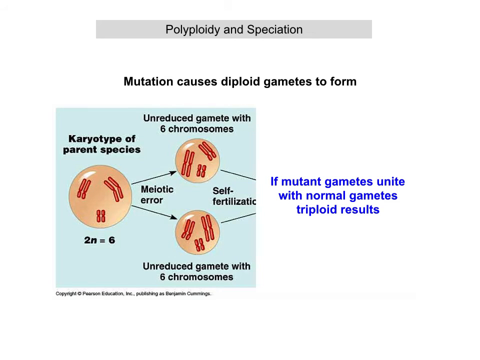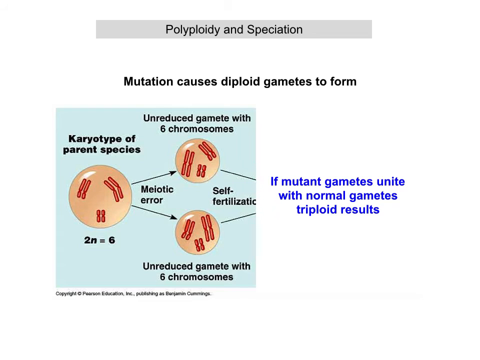And one of the reasons is that if you have a non-normal complement of chromosomes in the gametes that you produce, so in the previous slide, the 2n gamete, and you fuse with one of the other members of your species that produces gametes that just have n, you then have 3n, or you have three copies of each chromosome.